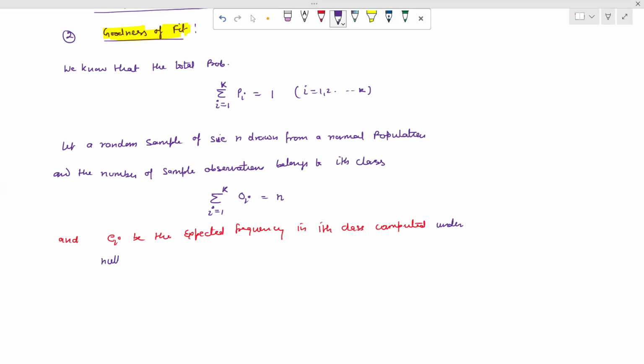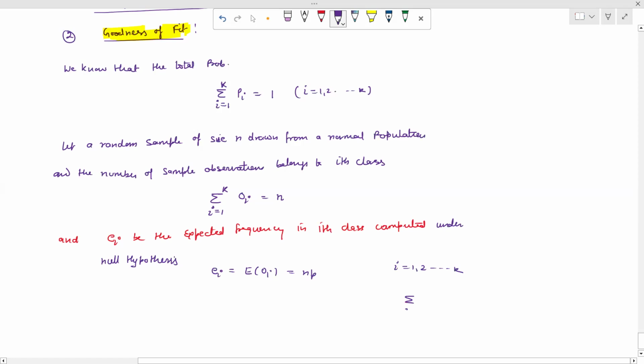So this we can write as Ei is equal to expected of Oi, which is npi. So here we have i is equal to 1 to k, and summation of i equal to 1 to k, Ei is also equal to n.